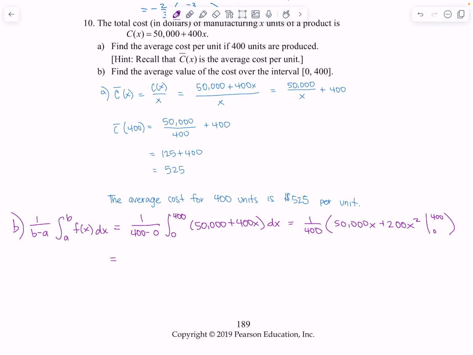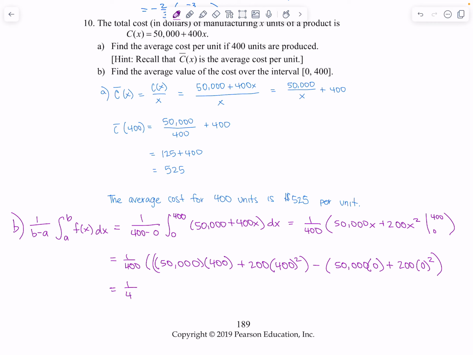If we evaluate, then we have 1 over 400 times 50,000 times 400 plus 200 times 400 squared minus 50,000 times 0 plus 200 times 0 squared.